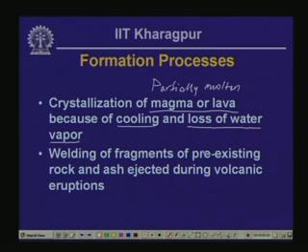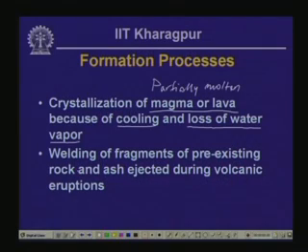As is very intuitive, cooling takes place when magma or lava comes into contact with surrounding cooler rock mass, or when it is ejected to the surface and comes into contact with cooler atmosphere.